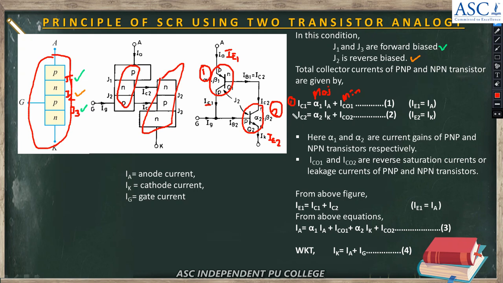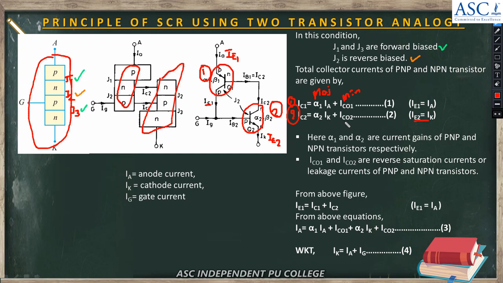In the same way, for the second transistor, IC2 is equal to alpha IE plus ICO. IE is nothing but IE2 in case of NPN transistor. IE2 is nothing but IK. Therefore, IC2 equal to alpha 2 IK plus ICO2.